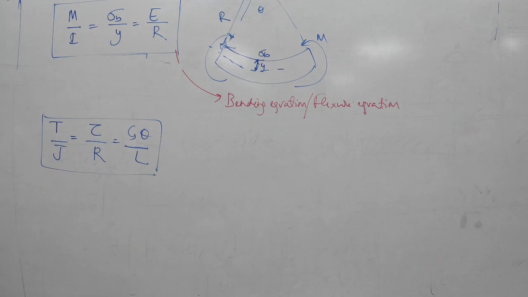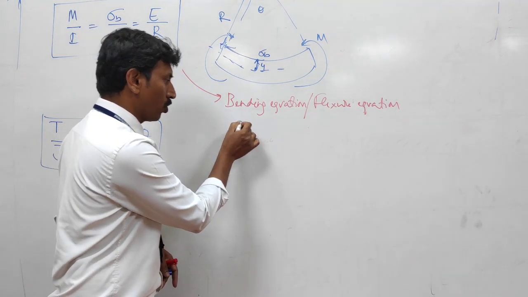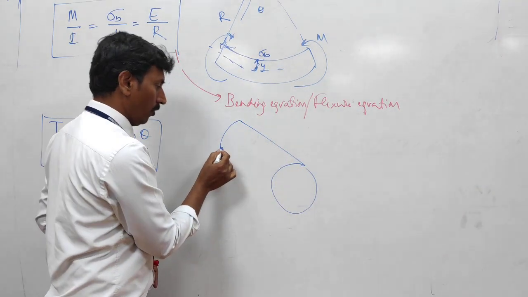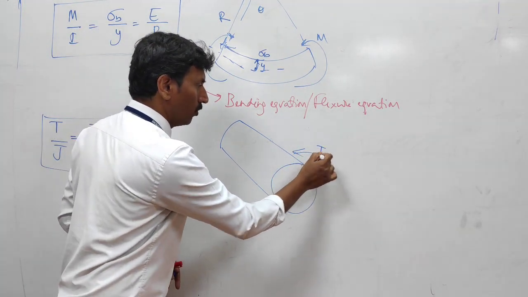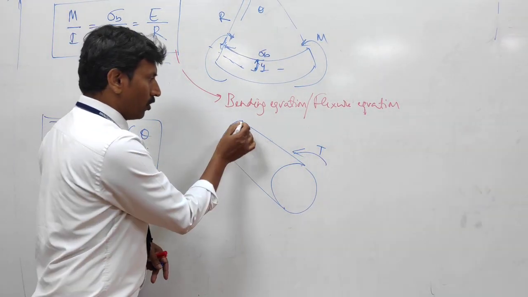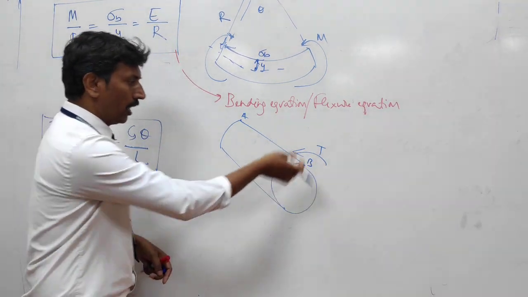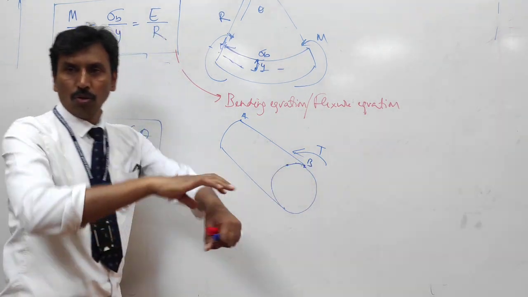Now you should understand what this torsion equation is. This is for a solid shaft which is applied with a torque T. Imagine that there was a fiber here, AB, and after applying this torque, this B gets twisted.